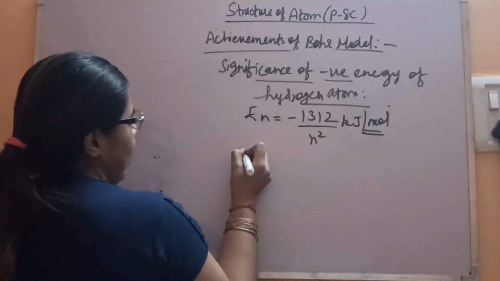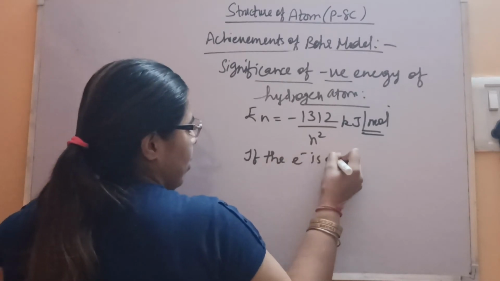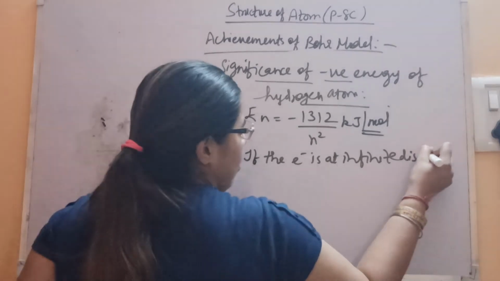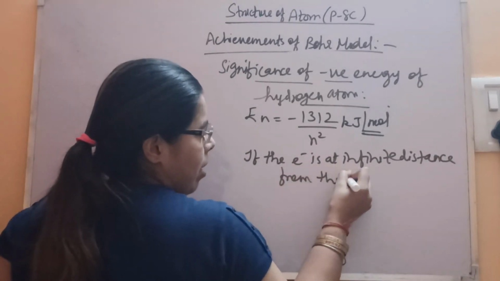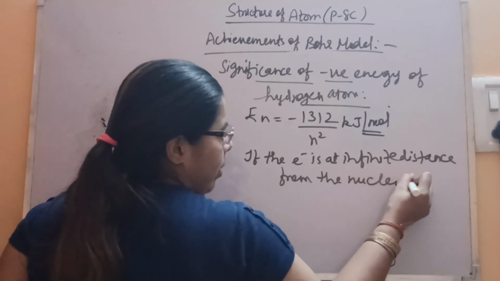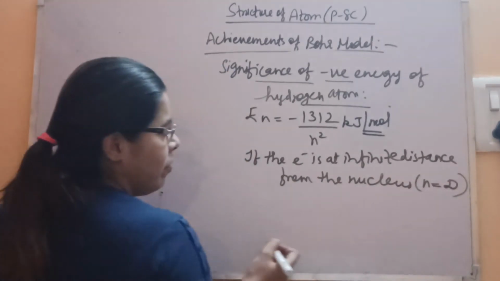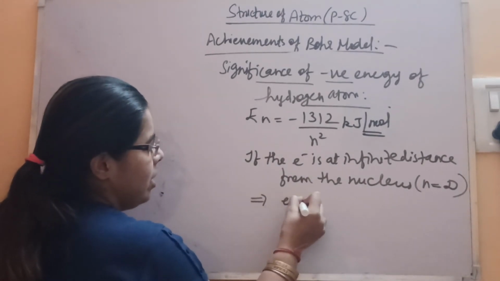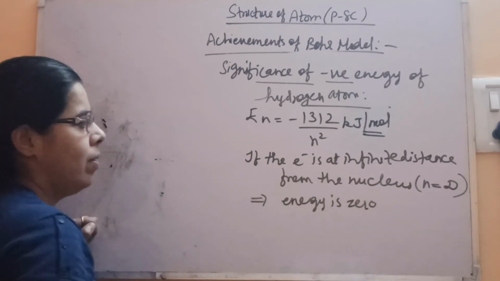Now consider that, say, the electron is at infinite distance from the nucleus. It means this n is infinite. If it is at infinite distance from the nucleus, what does it indicate? Energy is 0.